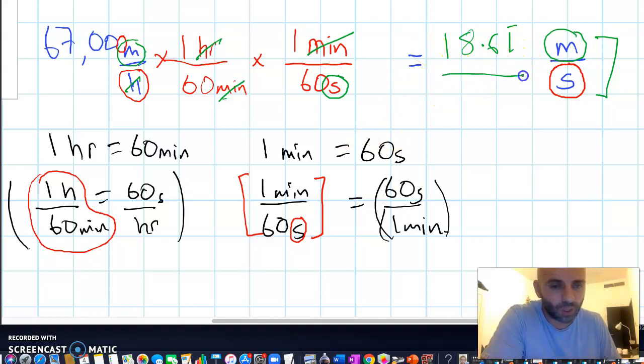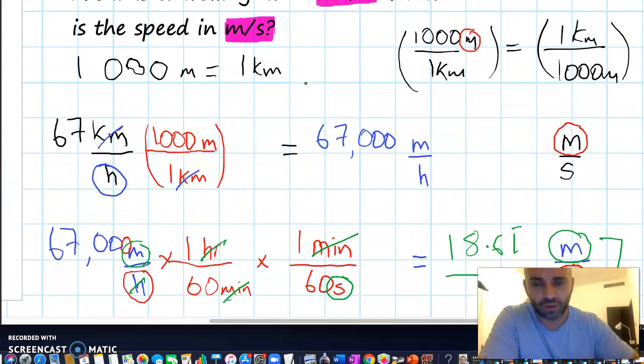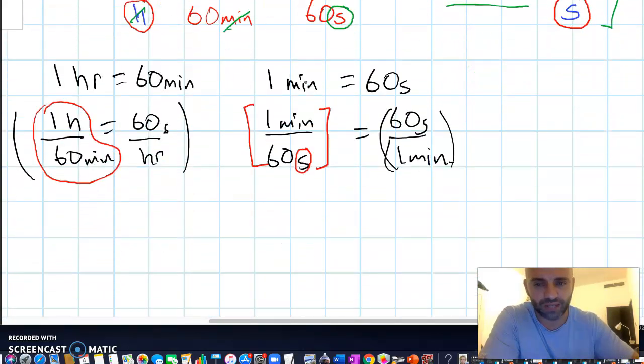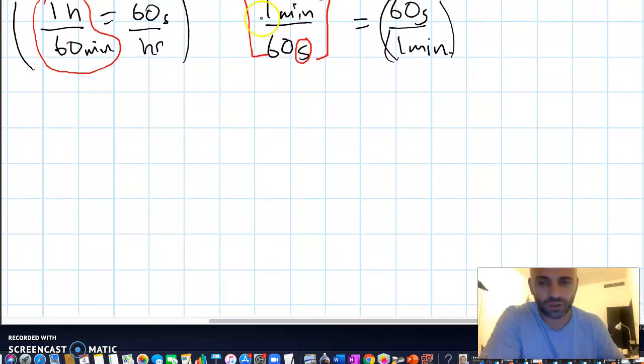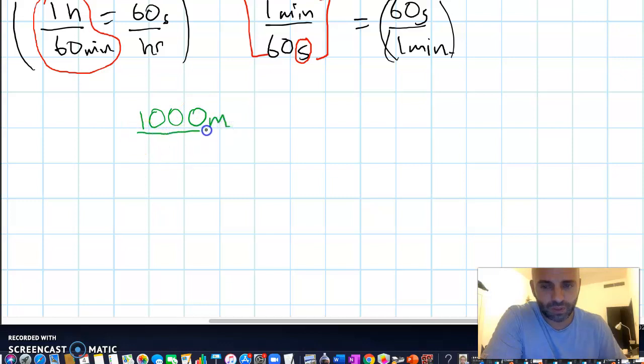Now, of course, there's a quick way of going from kilometers per hour to meters per second, and that's if you take all those conversion factors that we had. So I knew I had 1,000 meters in 1 kilometer.